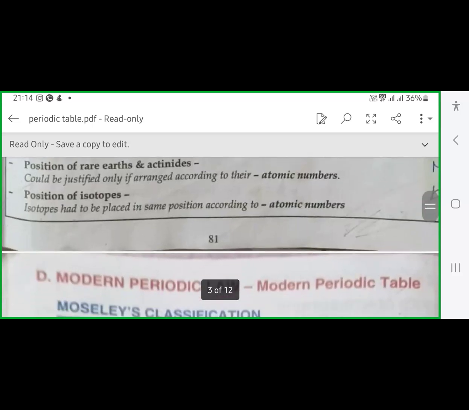Now, isotopes have different atomic masses. So basically, if you are classifying the elements on the basis of atomic mass, then why can you not give a position to the isotopes in the periodic table? Clear? Yes, sir.